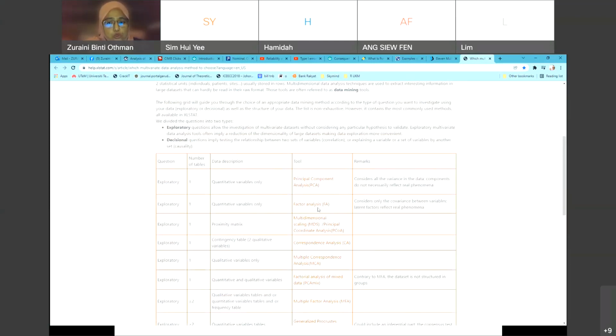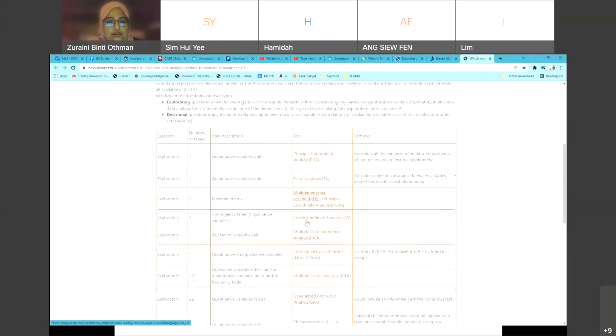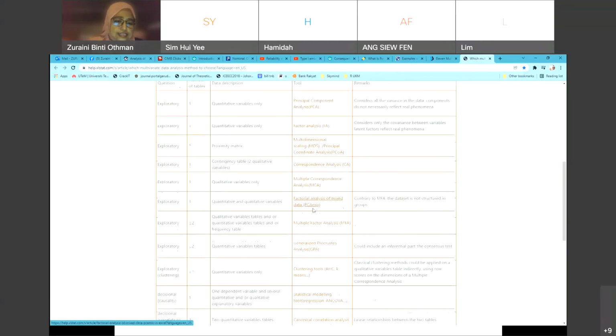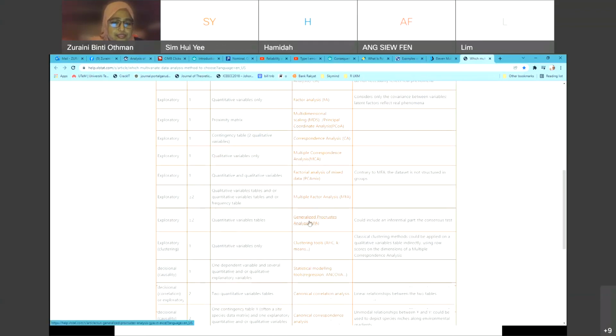If you have this type of question and you have this type of data, then what analysis do you want to consider? Okay, for example, if it involves a contingency table, two qualitative variables, you have to use correspondence analysis. The explanation of correspondence analysis you will find by clicking this link.